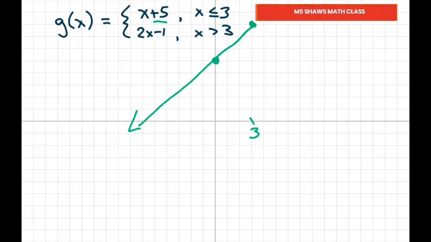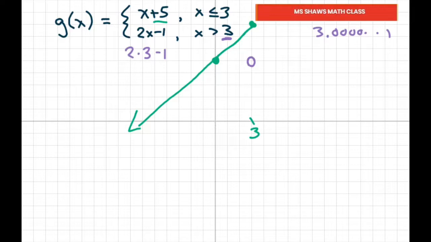Now for numbers bigger than 3, let's test 3. So 2 times 3 minus 1 was 5. So 1, 2, 3, 4, 5. And that's going to be an open circle. You always have to put the 3 in, even though it doesn't equal it, because your point could be 3.0000...1.